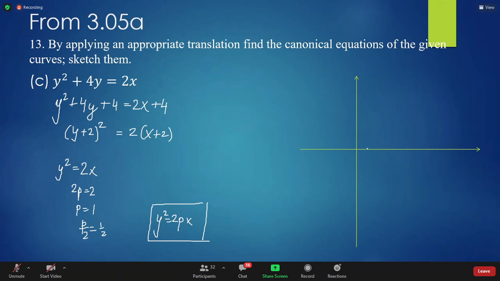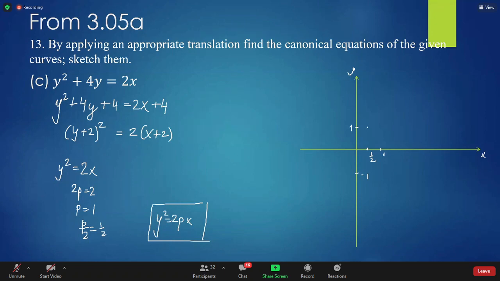So we would say, all right, this is 1/2 on the x-axis. This would be 1 and minus 1 on the y-axis. This would be 1 on the x-axis. So if x is 1/2, then y squared is 1, and y is positive or negative 1.